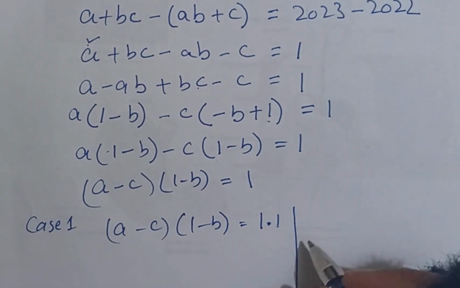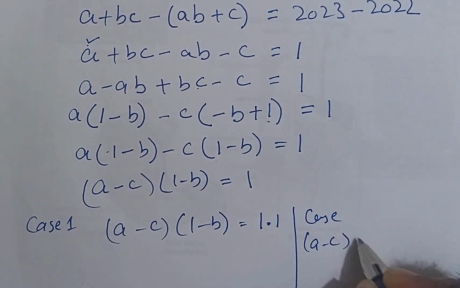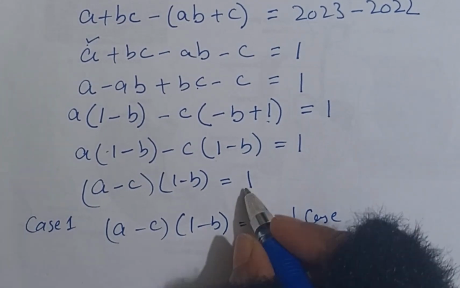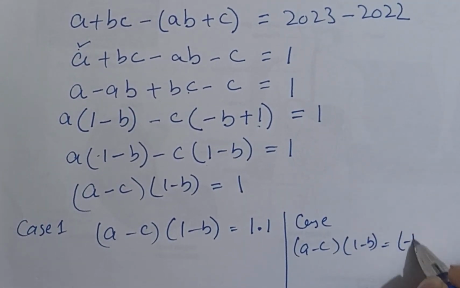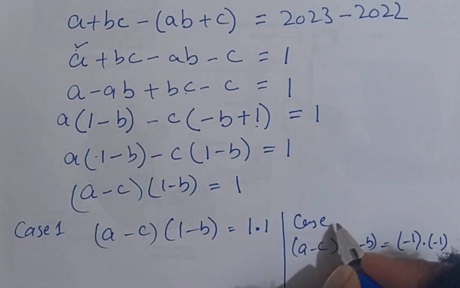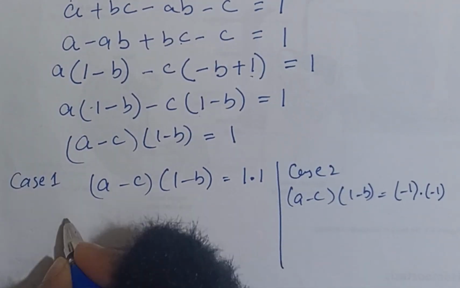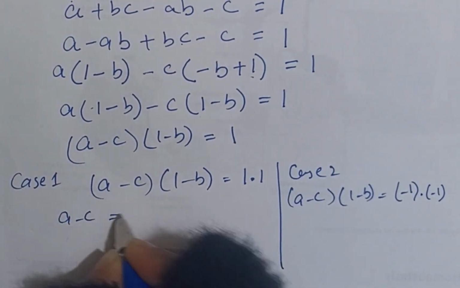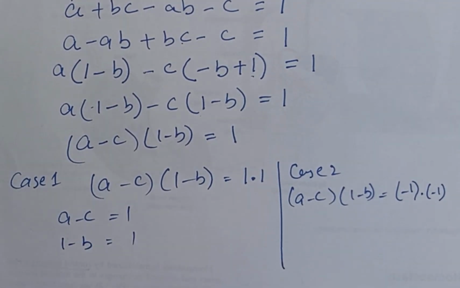And our second case is A minus C and 1 minus B, where we split our 1 into minus 1 multiplied by minus 1. So first of all we discuss case number 1. Using this we can write A minus C is equal to 1 and 1 minus B is equal to 1.